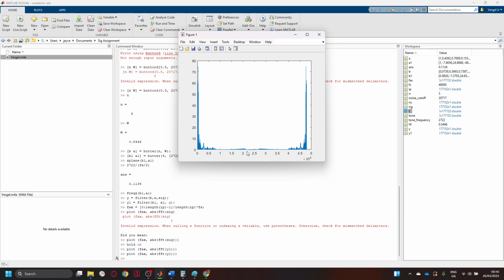It's not there anymore. And the speech itself, the noise is attenuated so much it's non-existent. So it's just the hold on function not working.